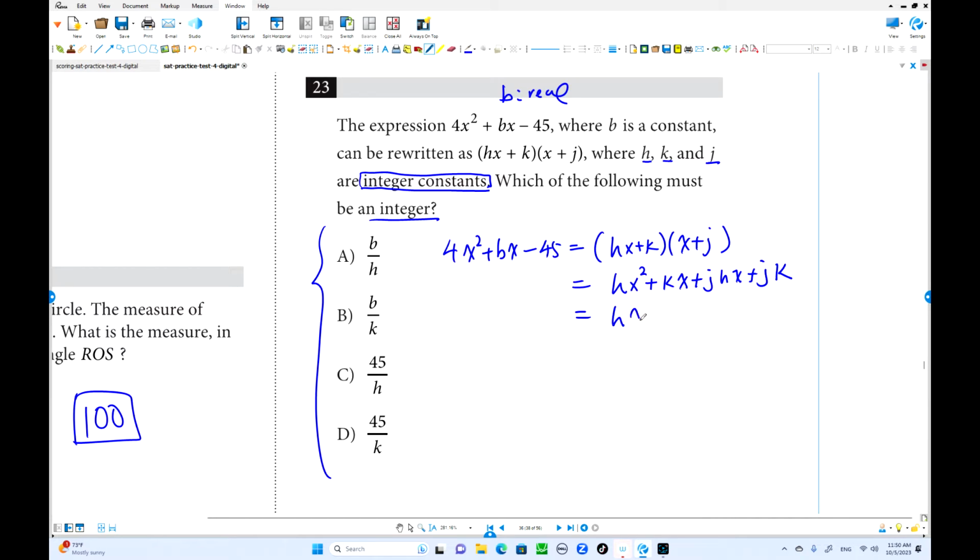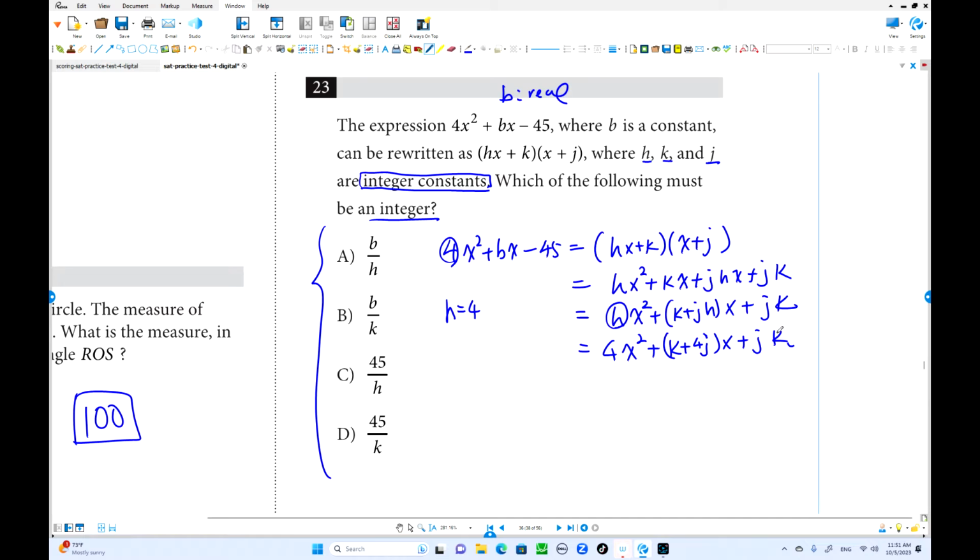Here we go. hx squared plus (k plus jh)x and plus jk. We know that h equals 4, right? h equals 4. I'm going to replace this one. 4x squared plus (k plus 4j)x and plus jk.